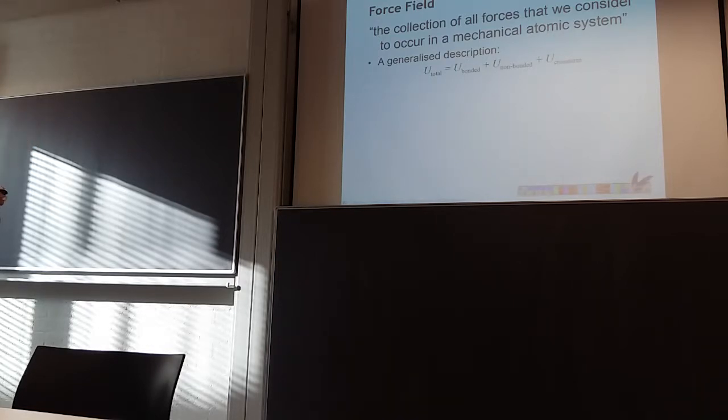This is potential energy, right? Interaction energy, and the total. So there are three components that we consider: bonded interactions, non-bonded interactions, and others, which we call cross-terms. I'll explain a little bit about that in a minute. Do you have any idea what is the distinction between bonded and non-bonded interactions?